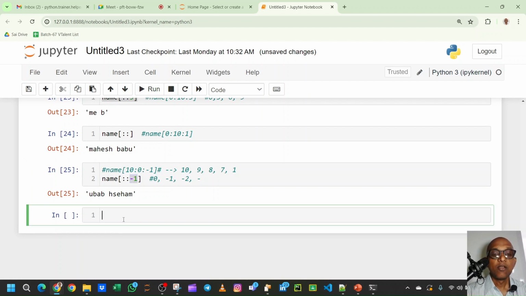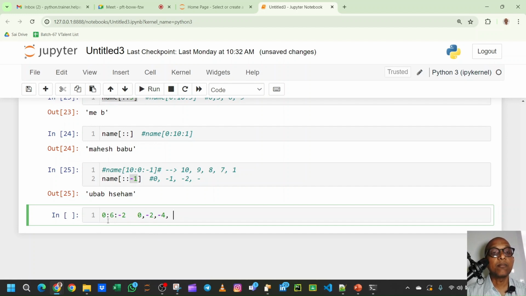For example, my starting index is 0, the ending index is 6, and the incremental value is 2. So it starts at 0, then 0 plus 2, then 4, then 6. 6 is exclusive, correct? So this is exactly matching. If I mention -2 here, it will be 0, -2, -4, and so on.